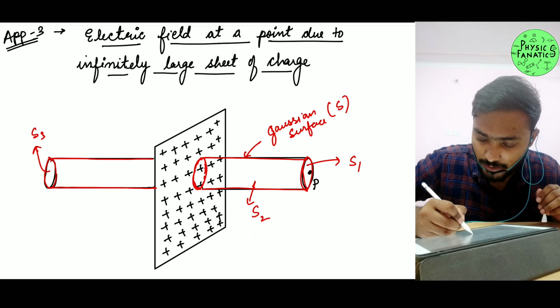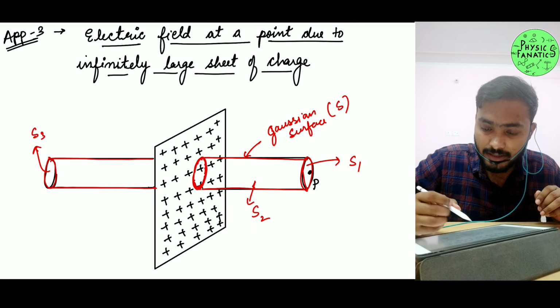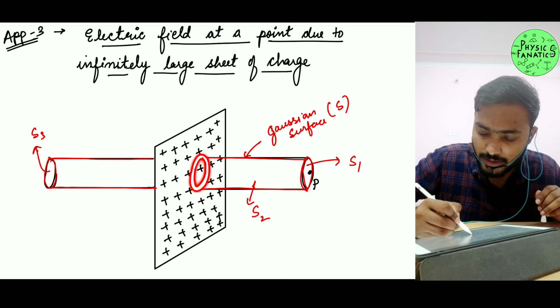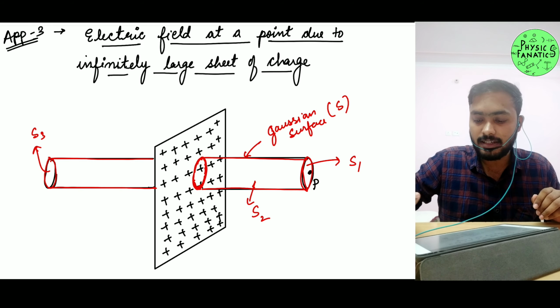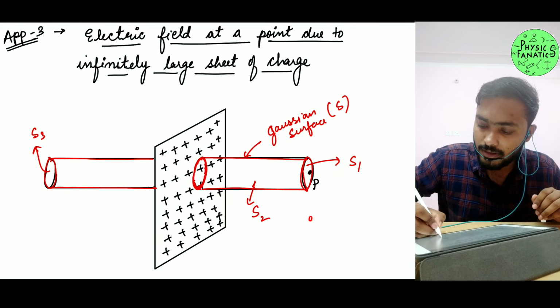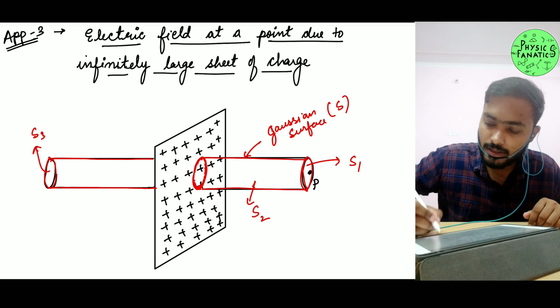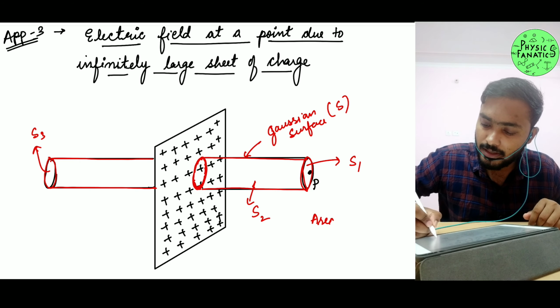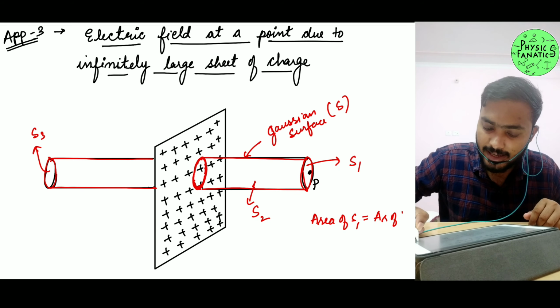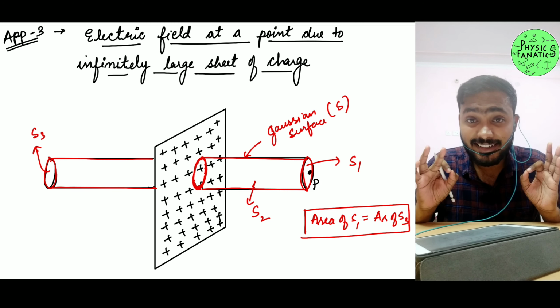Very similarly, you can see there is a mid circle, which is also of the same area. So I can write here that area of S1 is equal to area of S3, because both the areas are the same. I hope you guys can see that.